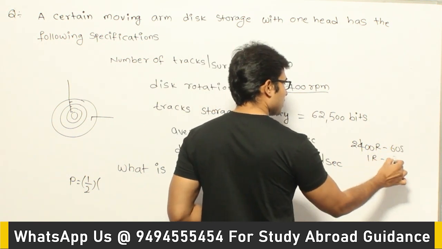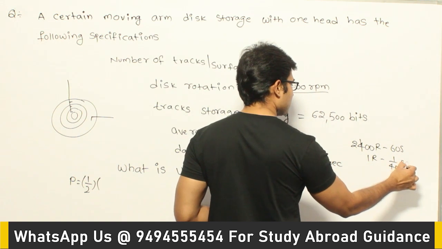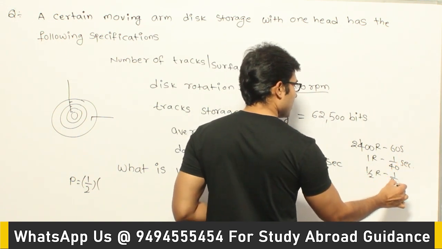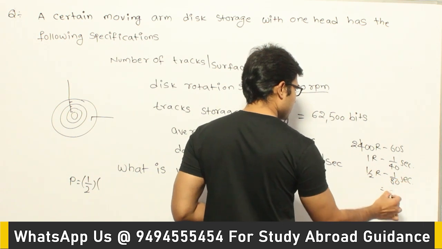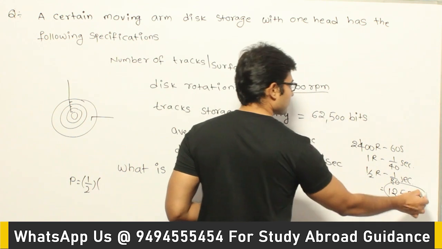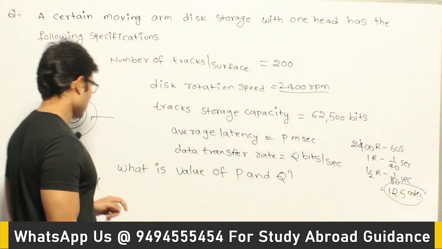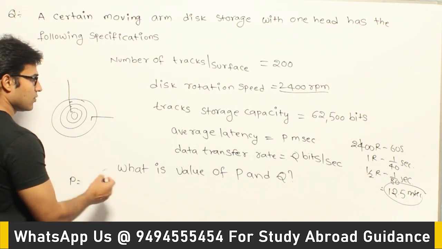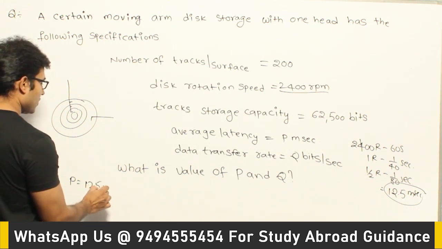Therefore one rotation I can do in 1 by 40 seconds, right? Then half rotation I can do in 1 by 80 seconds. So 1 by 80 seconds is going to be 12.5 milliseconds. Got it? So p is half the rotation time, which we found out to be 12.5 milliseconds.